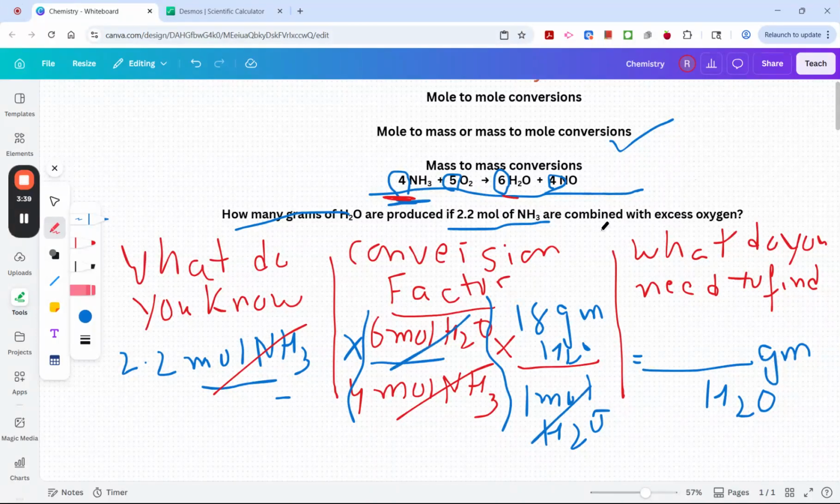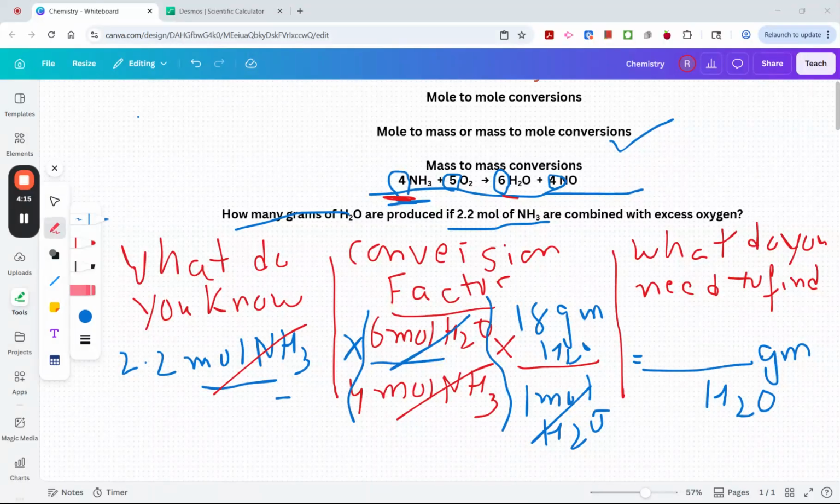Here we go. We'll use the Desmos calculator. I will show you the Desmos calculator, or we can use a simple calculator. So 2.2 multiply 6 and multiply 18 divided by 4.